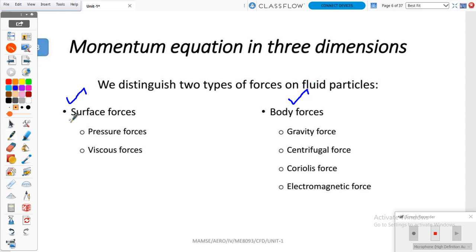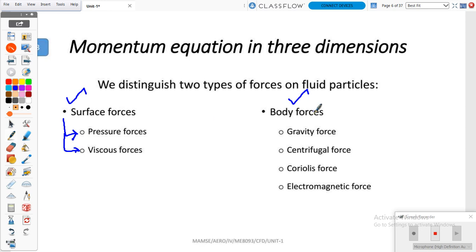Surface forces can be classified based on pressure values, that is how much pressure is applied on a surface, and viscous forces, which are a resistance to the flow. These two come under the category of surface forces.